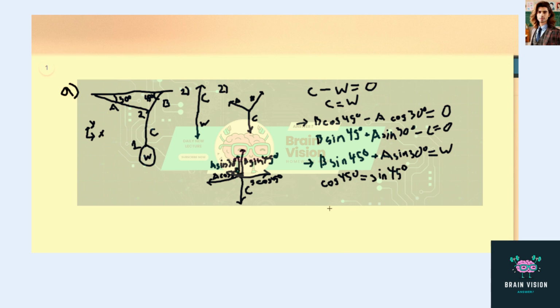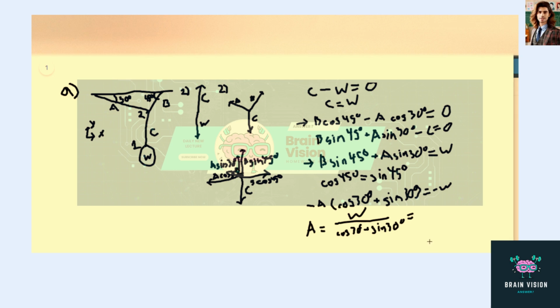So that would leave us with negative A cosine of 30 degrees plus sine of 30 degrees is equal to negative W. So those negative signs on either side cancel out, and in the end you get that A is equal to W over cosine of 30 degrees plus the sine of 30 degrees.